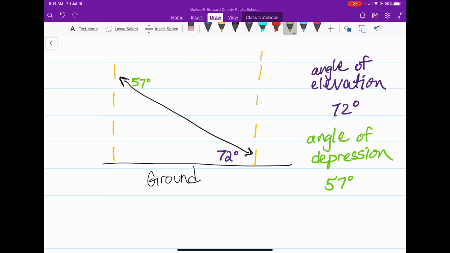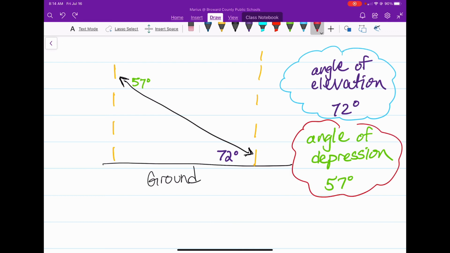So if we were focused only on the angle of elevation, then I would draw my triangle this way, and this would be my right triangle. However, if that's not what we're doing, and I'm using the angle of depression, let's use the red.